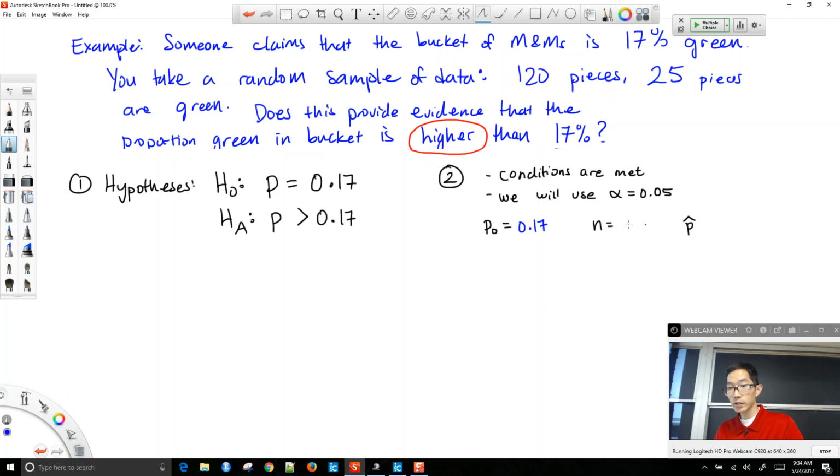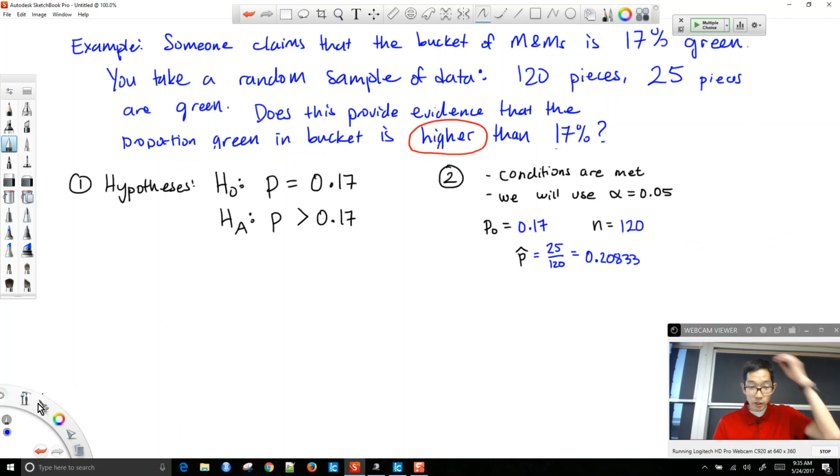N is our sample size, 120, and P hat is 25 divided by 120, which is 0.2083. Okay, so that's what we do.